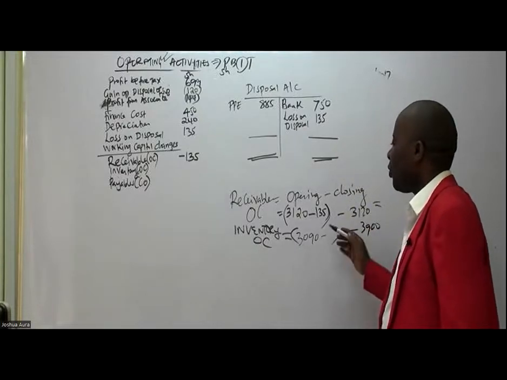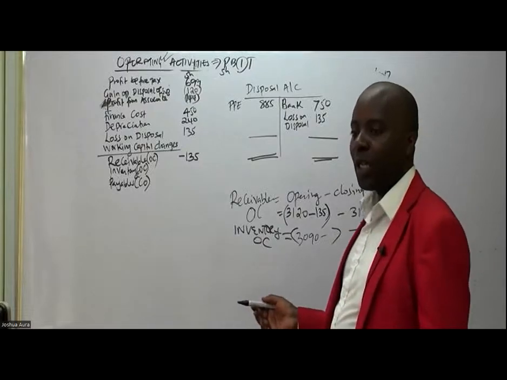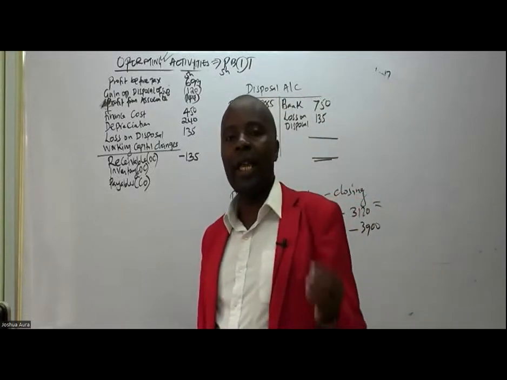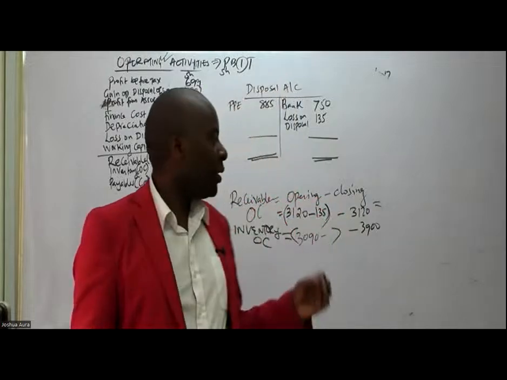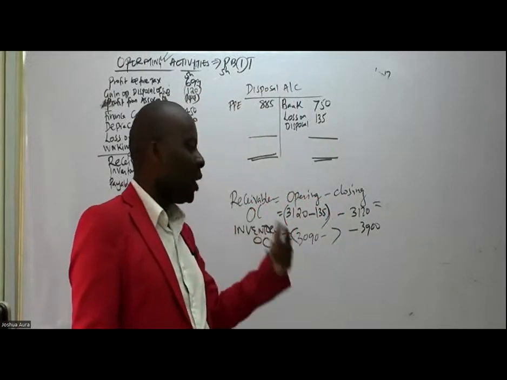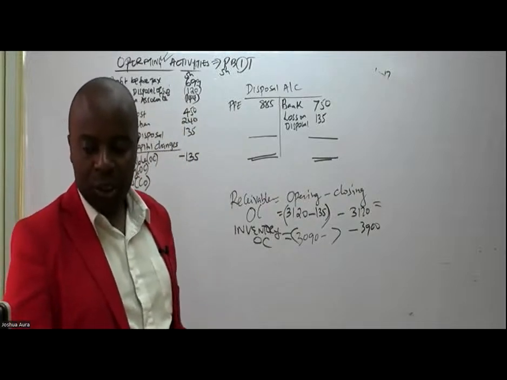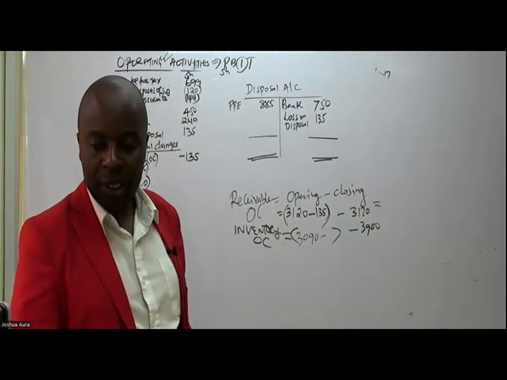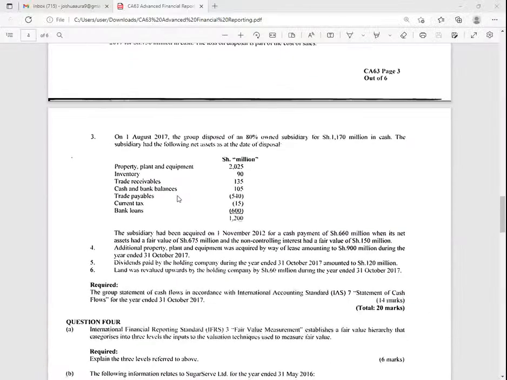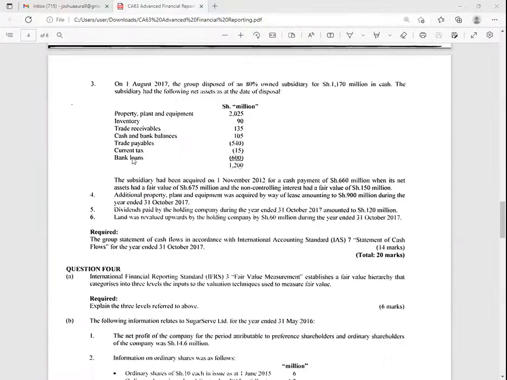This is for us to ask ourselves whether we had any inventory that the subsidiary we disposed went away with. So are you able to see the disposed subsidiary's inventory? It is 90 bob.